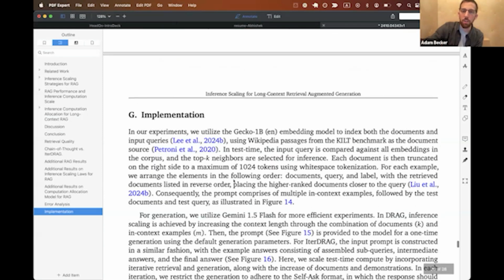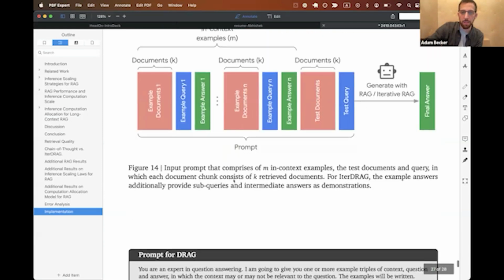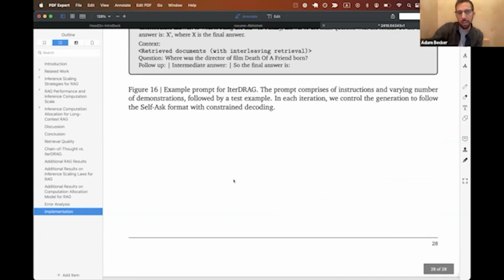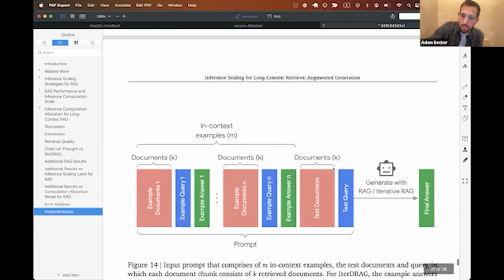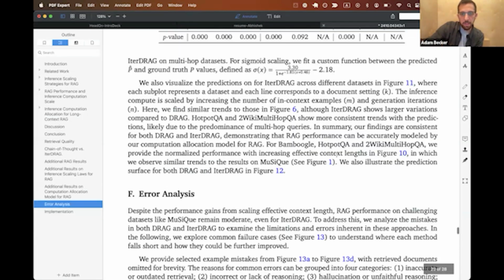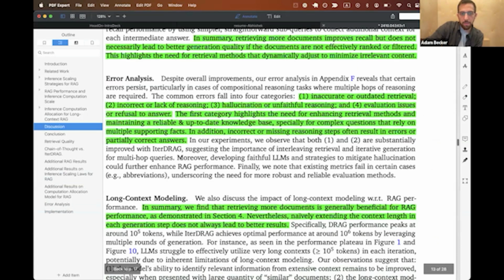That sounds like a whole other set of hyperparameters that can be explored, right? Like, what if you jiggle this? I don't think they put that here. But it's almost like the documents closest to the query are the ones at inference time that are most likely to be the most useful. Sounds a little bit like witchcraft.